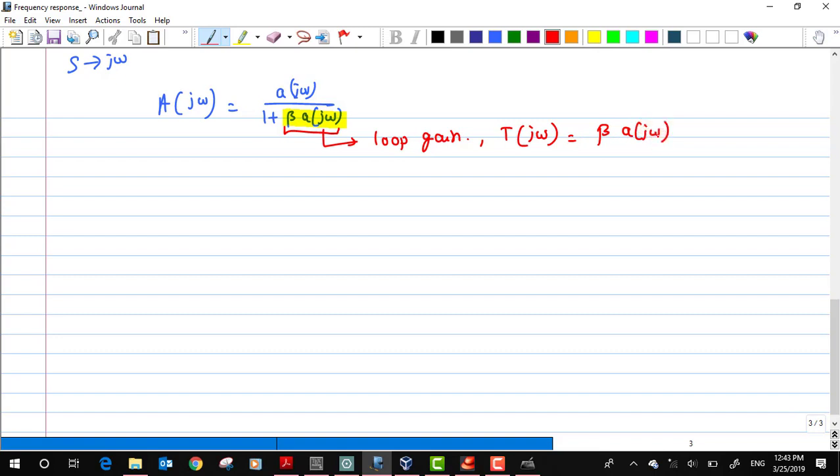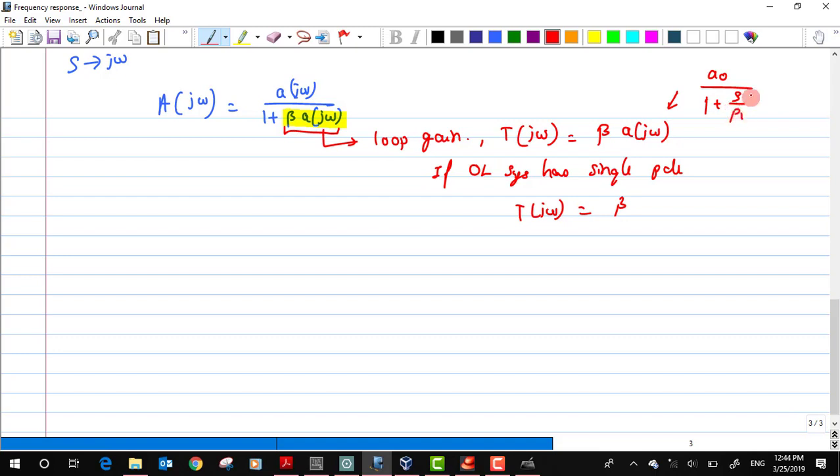Clear? So now, in case my open loop system had a single pole, then this T of j omega would be written as something like beta times a naught over (1 + s/p1). I'm replacing this factor k with a naught because that would be more appropriate. In the morning class, I just wrote it as k at the top.